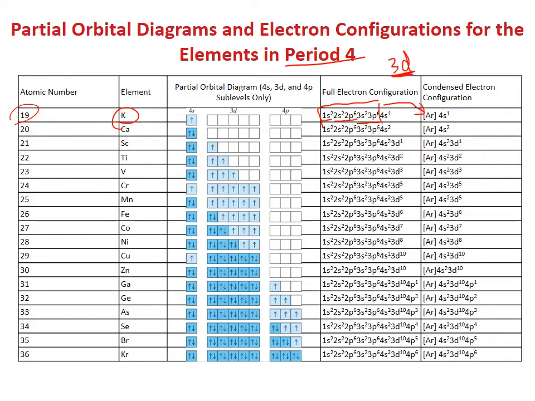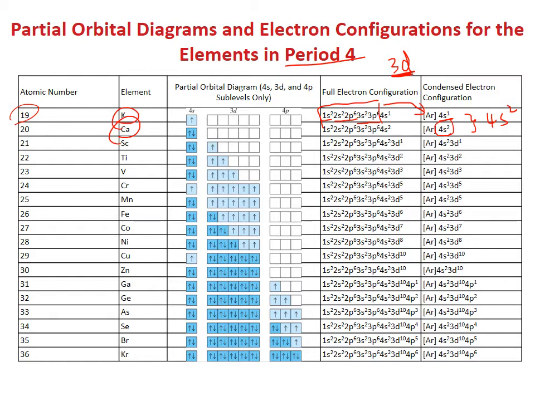However, as we explained before, 3d orbital actually has energy higher than 4s orbital. So for potassium, the extra electron goes to 4s orbital. And next one, calcium, another alkaline earth metal, 2 electrons go to 4s orbital. So from potassium to calcium, 4s orbital is full.